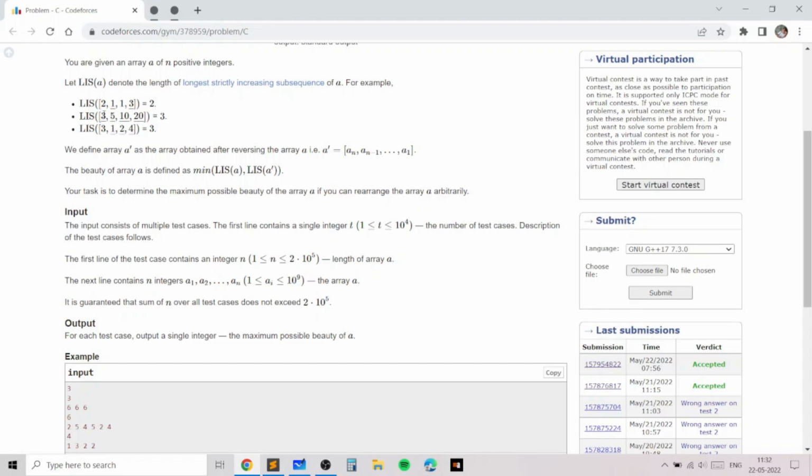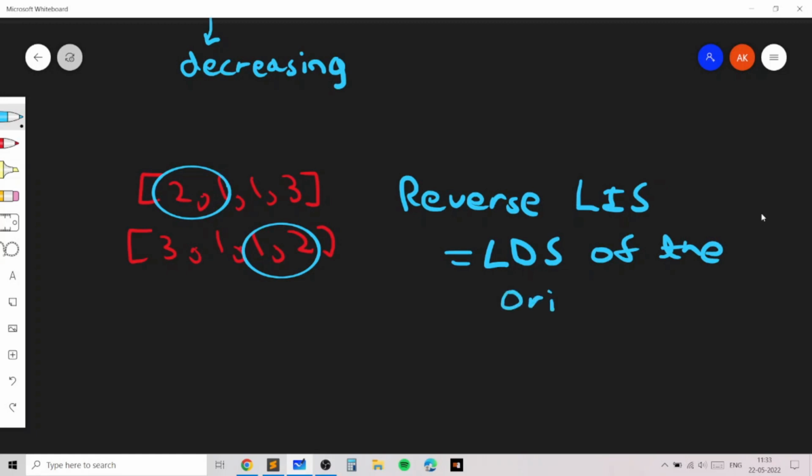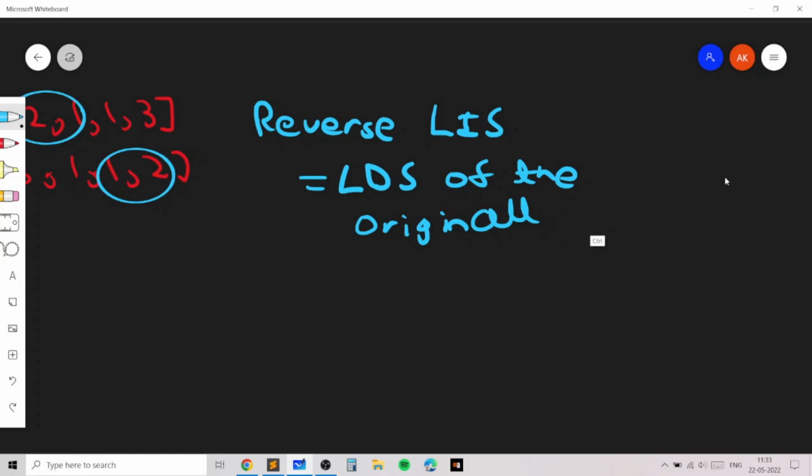So the reverse LIS is just equal to the longest decreasing subsequence of the original array. And the longest decreasing subsequence is exactly the opposite of LIS. So it's just a strictly decreasing subsequence. You can make that out from the name. And finding the reverse LIS is the same as finding the longest decreasing subsequence of the original array.